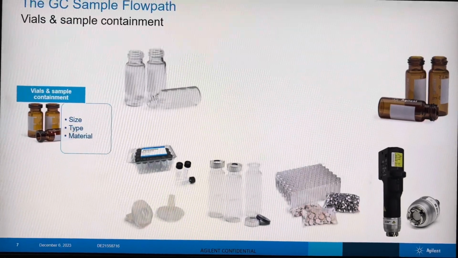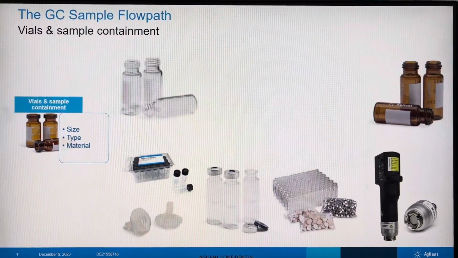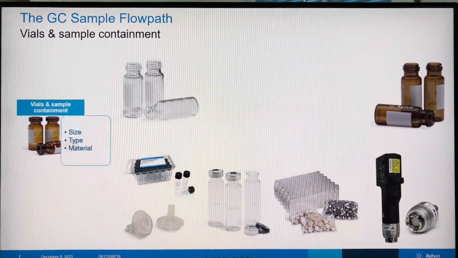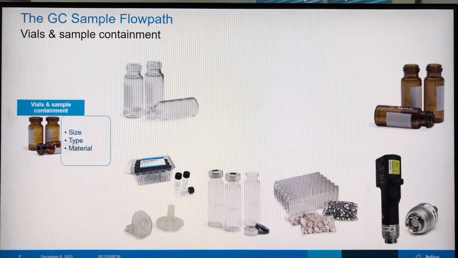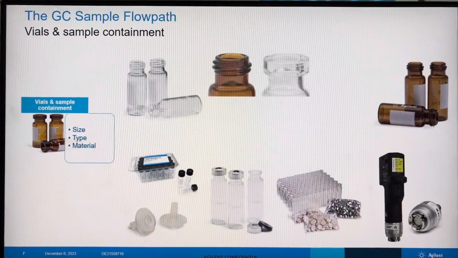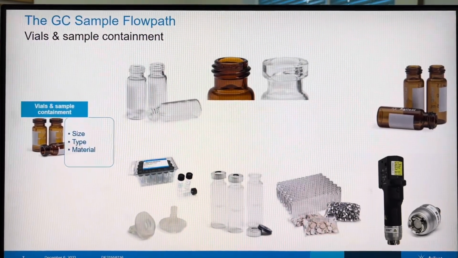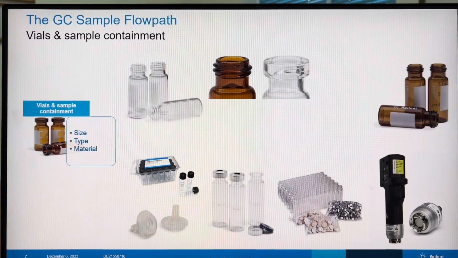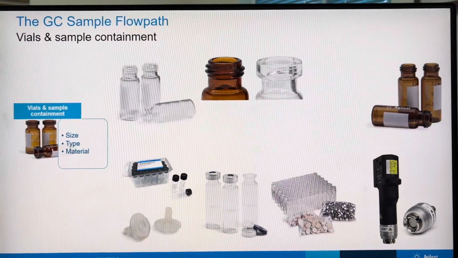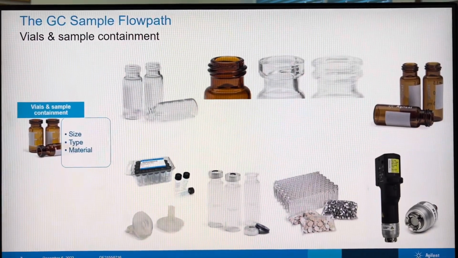In this part, the important things are the size of the vial, the type of the vial, whether an amber or a clear vial based on our sample, and the septa material we use. Can it withstand high temperature or not, and is it compatible with my sample or not?